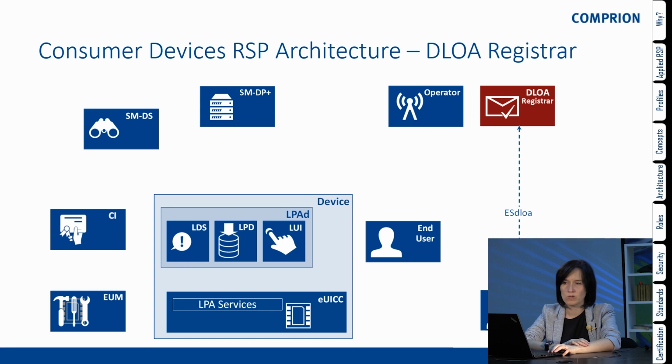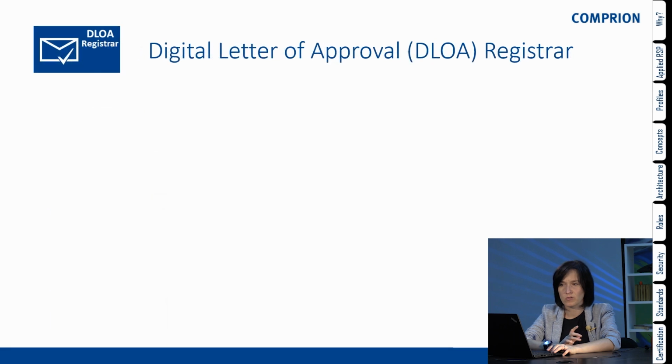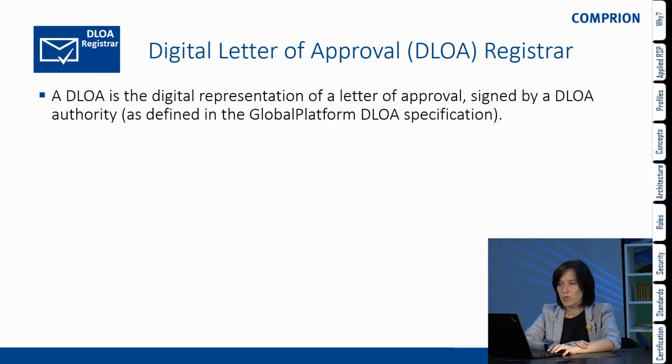Now we have 2 components, like the DLOA register communicating with the management system. That's just a registration component. It's a digital DLOA. It's the digital letter of approval. So you probably know the letter of approval, and here is the digital format of it defined by the global platform. It's signed by the DLOA authority.